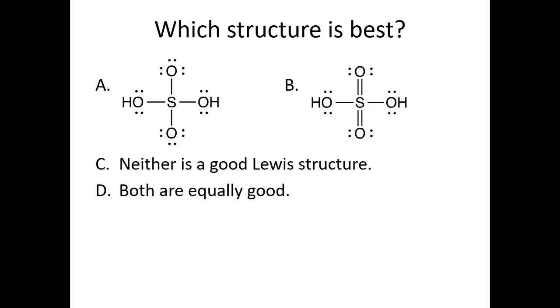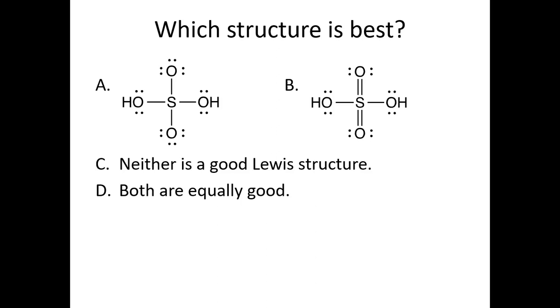And so we don't want to have that, right? If you were to calculate the formal charge of our sulfur in the middle, it would be +2. So it would be neutral overall, but you would have oxygen, sulfur, oxygen having charges. And so when you draw Lewis structures, you want to draw the structure that has the least amount of charges, or is neutral, right? So in B, every atom in there has a neutral charge.